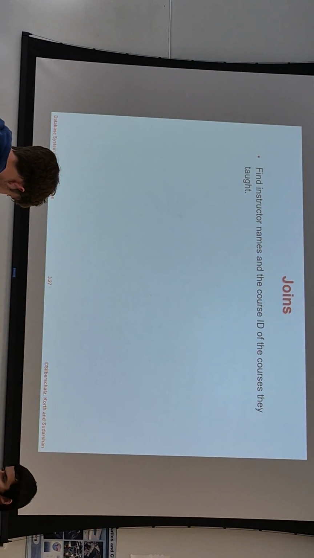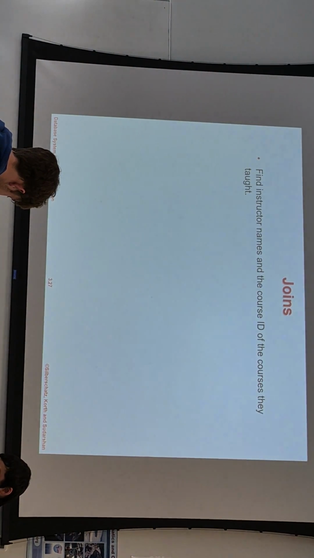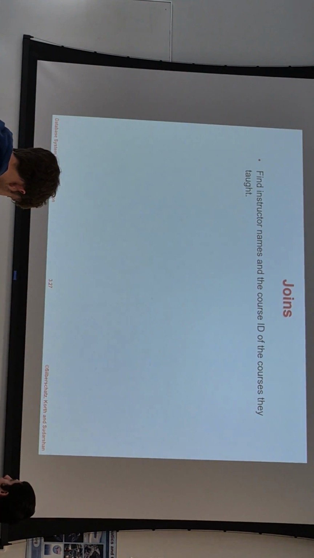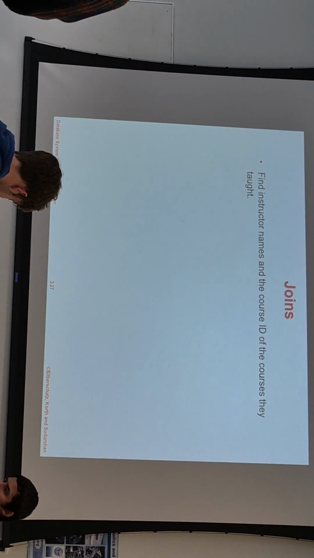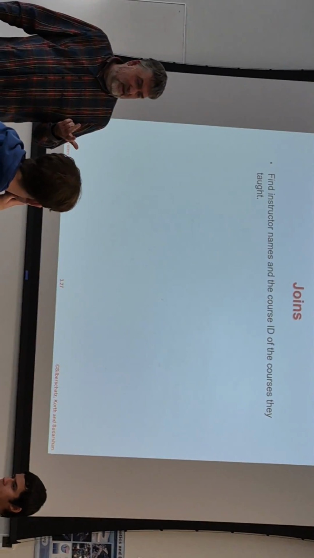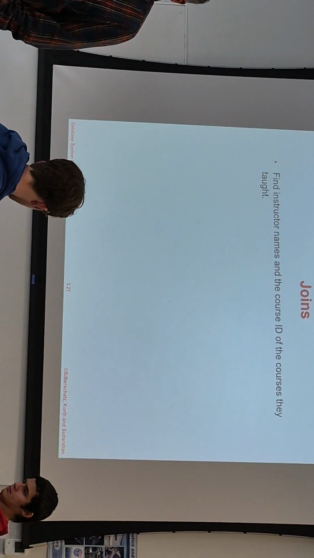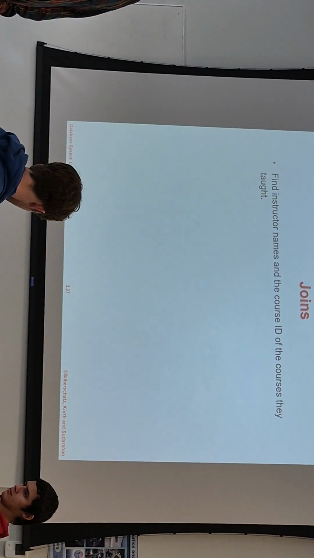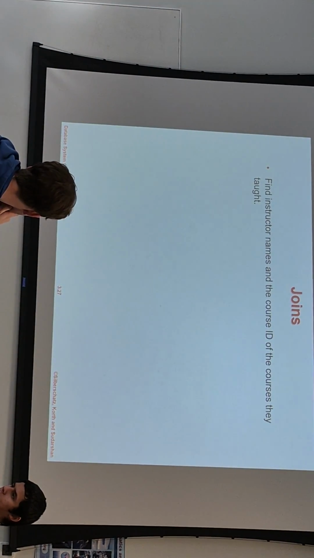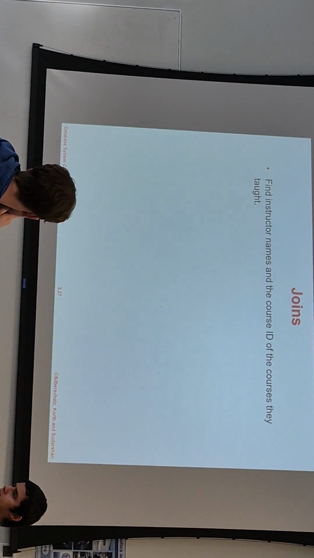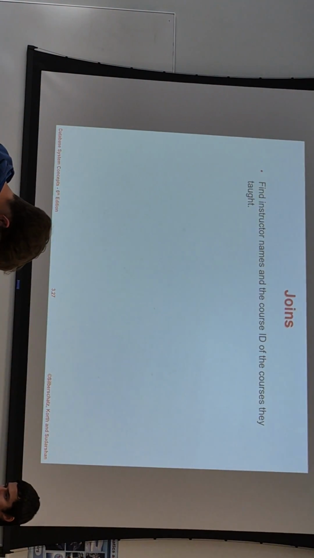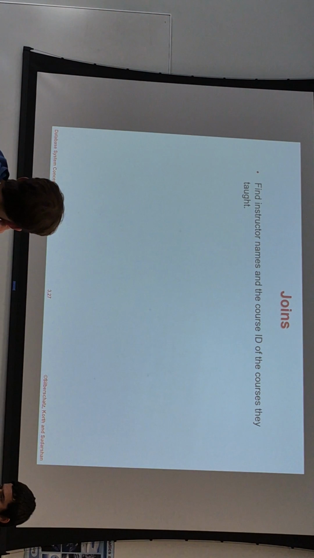So if we were to use the university database as a model, and we wanted to find instructor names and the course ID of the courses they taught, have I asked you to build a relational algebra statement like this already? What would that relational algebra statement look like? Where from your database schema is this data going to be coming from, according to this prompt that some muggle user has come to your office and asked you to execute on your database?